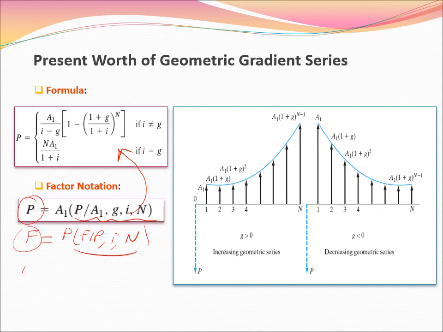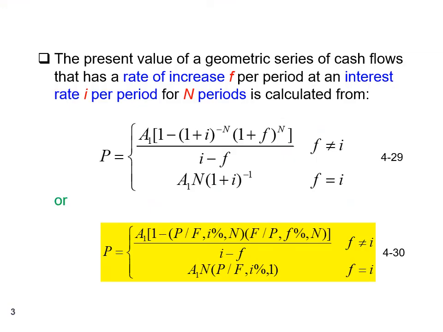And similarly, you can calculate the annual equivalent payment series by A given P, I, and N. Okay, so once you get the present worth, you can calculate the future or annual worths from these other formulas. So the formulas are summarized in these equations once again, but as I told you, we can sometimes use G or we can sometimes use F to represent the rate of increase in the payments.